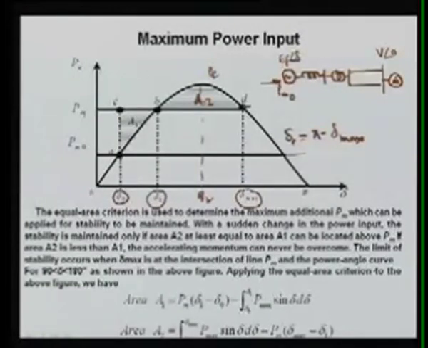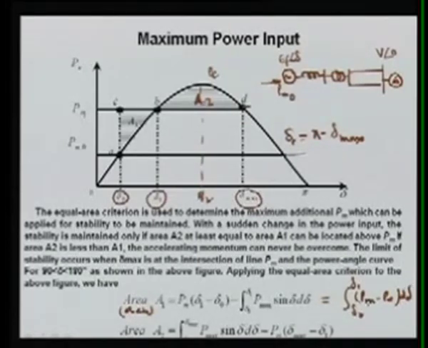Applying the equal area criteria to the above figure, we have area A1, that is area ACB, which is the integration from delta naught to delta 1 of PM minus PE d delta.